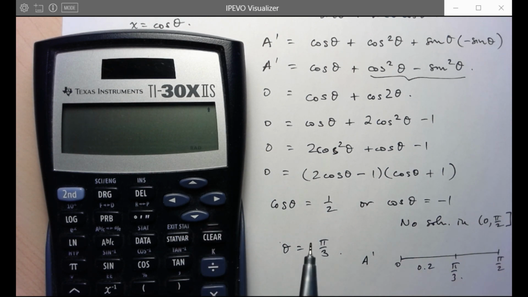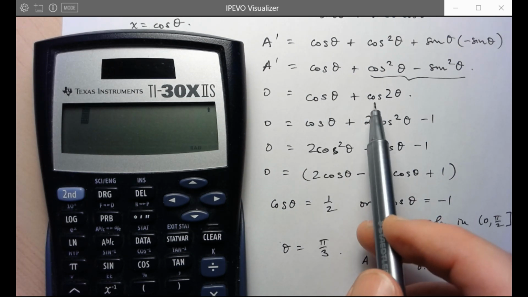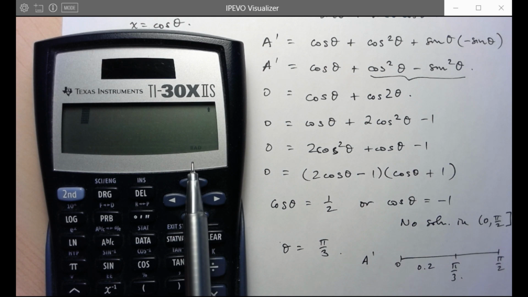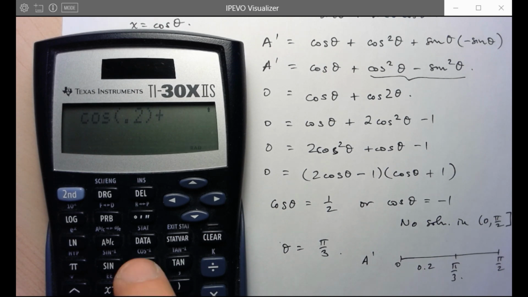All right, so let's stick that into our expression for the derivative of the area. Make sure you're in radians. So what do we have? We have cos of 0.2 plus cos of 2 times 0.2, so 0.4. And we get something that is positive, so that's a good start.